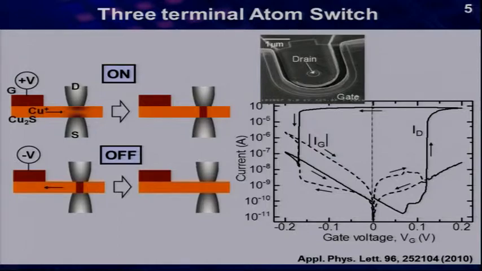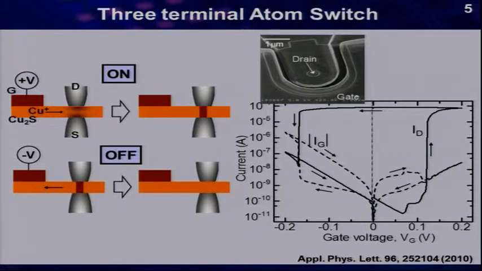We also demonstrate a 3-terminal atom switch, which is composed of a copper gate, source and drain. The copper gate is separated from the conducting path between the source and drain. When a positive voltage is applied to the copper, a bridge precipitates on the source and drain electrodes. Here we show the drain current and gate current versus gate voltage.